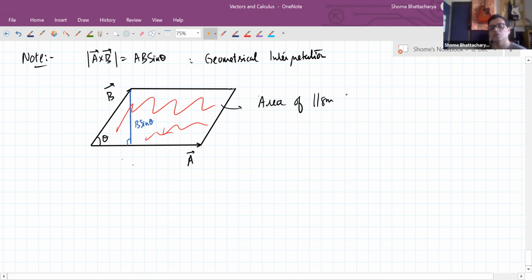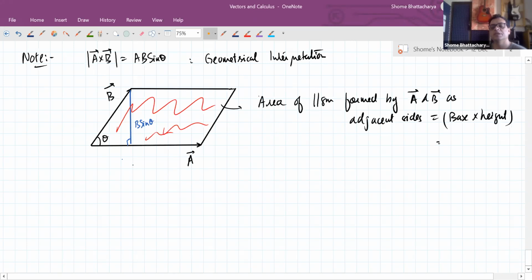the area of the parallelogram formed by vectors A and B as adjacent sides, this area is equal to base multiplied by height. So that base is nothing but the magnitude of A, and the height is nothing but B sine theta.